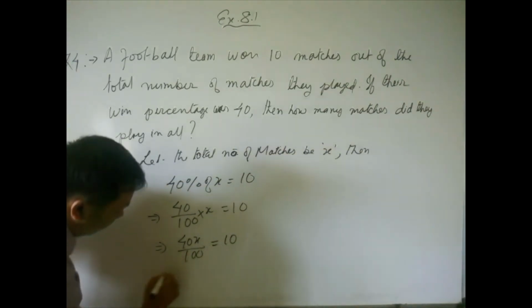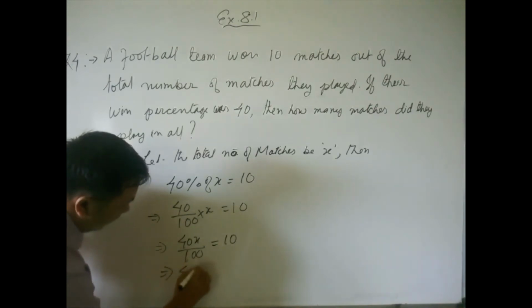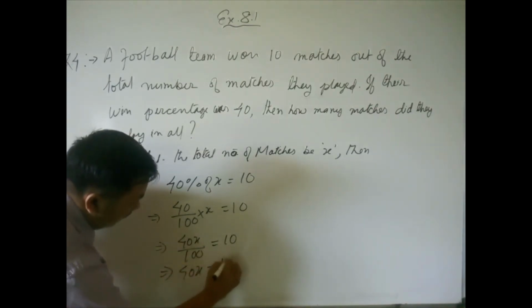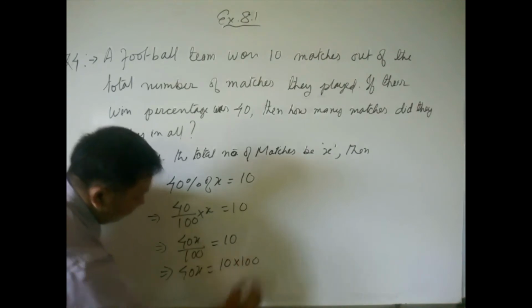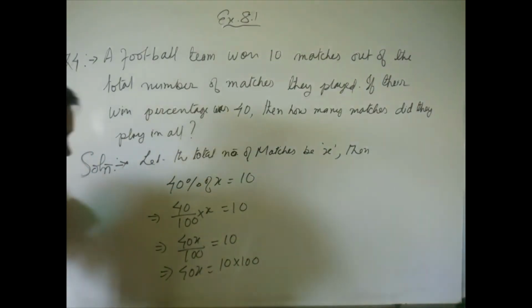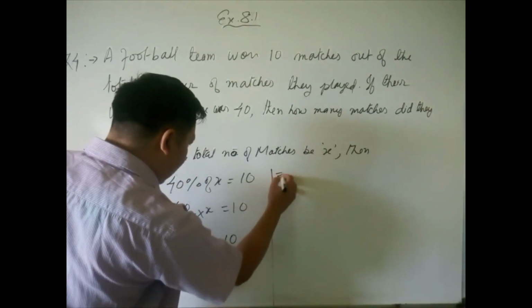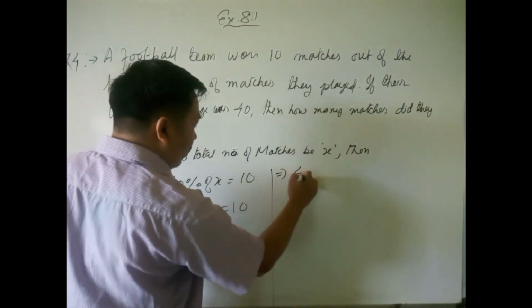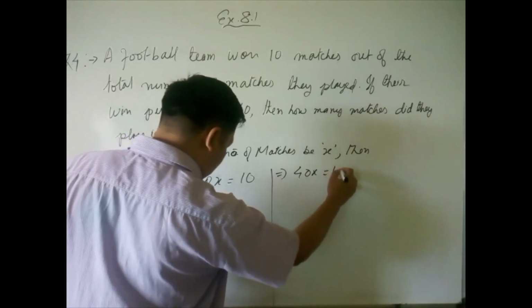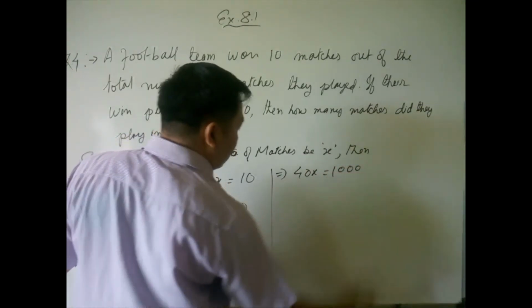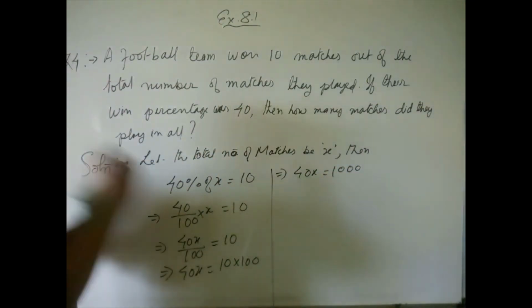This then implies that 40x is equal to 10 into 100. Yes, 10 into 100, we get it, isn't it? Then 40x is equal to 1000. Yes or no? Yes, we get 1000 here.